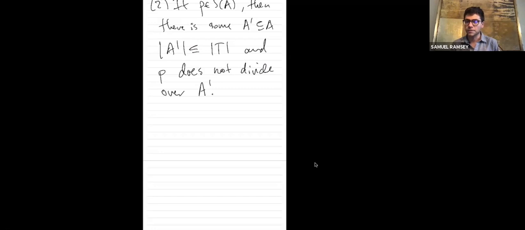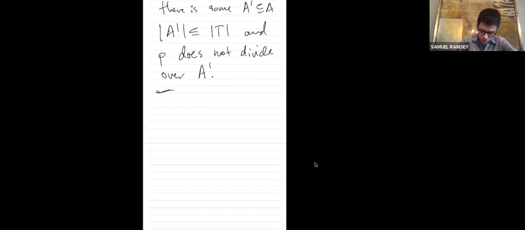So p, regardless of what it is, has the property that there's a small enough subset, no bigger than the size of the language, such that the type doesn't divide over that subset. So it's a kind of compactness principle. It says that all of the information is contained in something compressed. Okay, so how do you deduce this? What we'll do is we'll say, okay, suppose not.